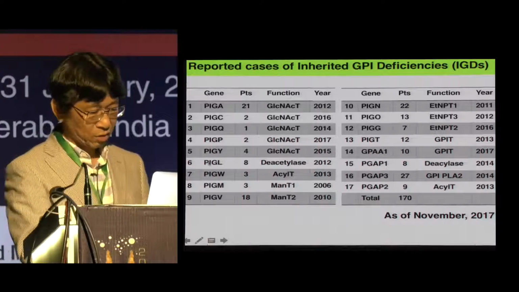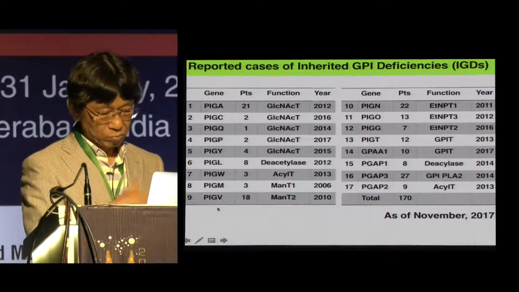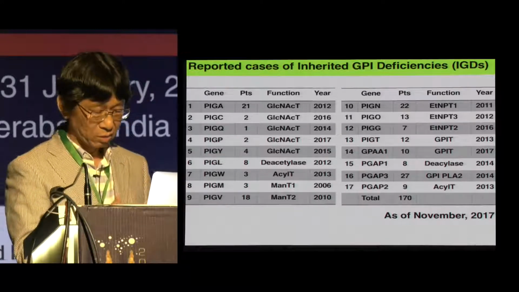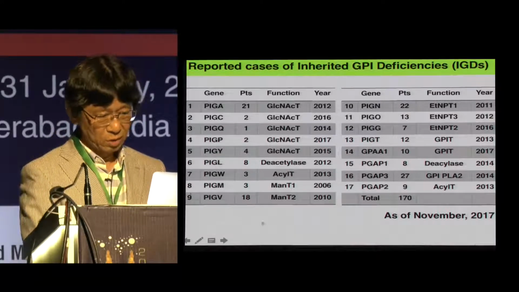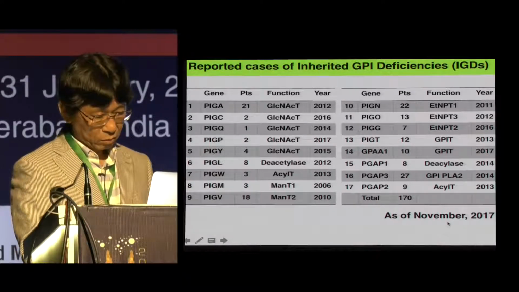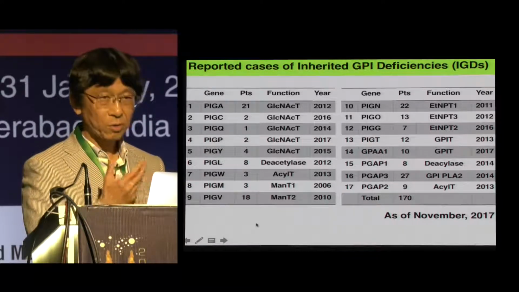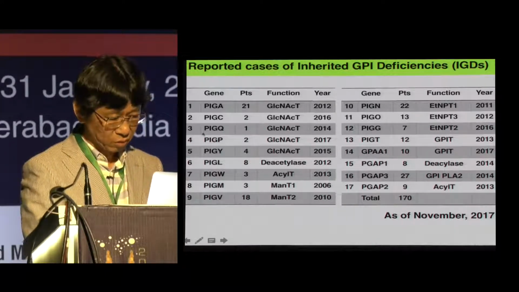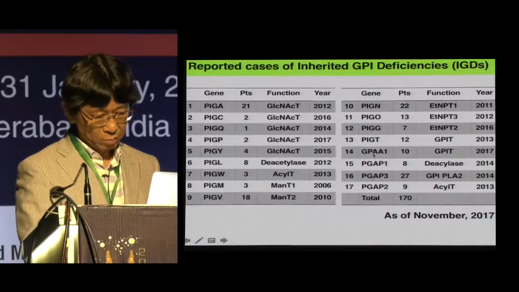And this is a list of the disease-causing mutations in cases of inherited GPI deficiency as of November last year. Already, disease-causing mutations have been reported in 17 PIG or PGAP genes.